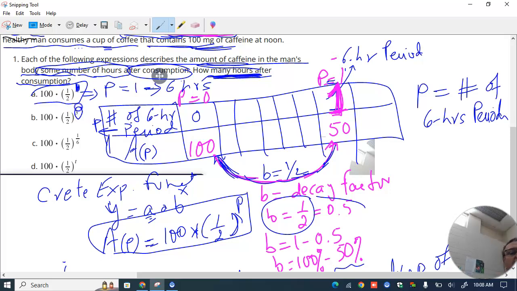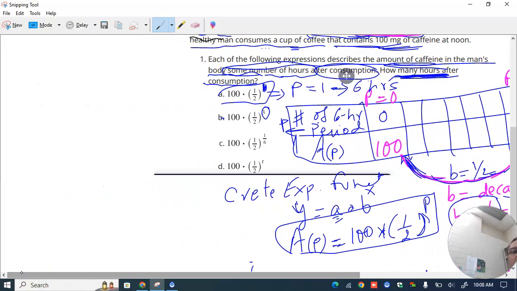Now, what is the meaning of this 3? P is 3, how many hours is that? Let me write it out. This means P equals 3. That means there are 3 six-hour periods.